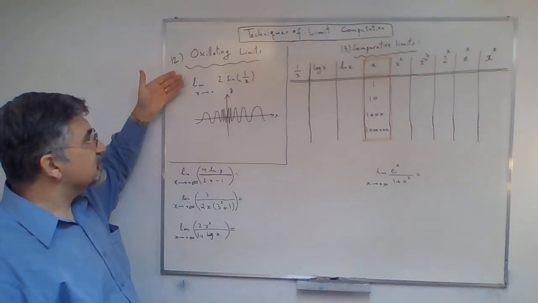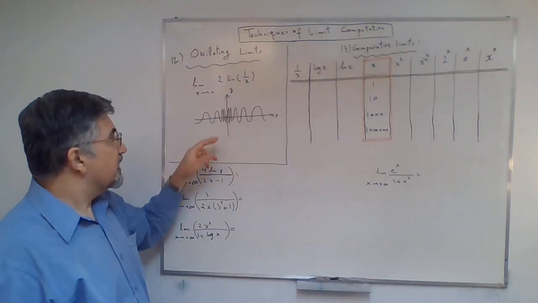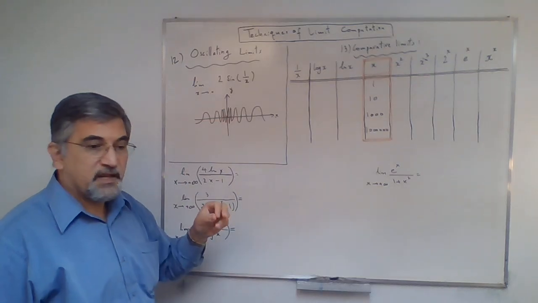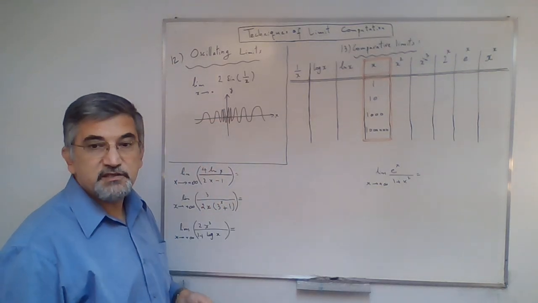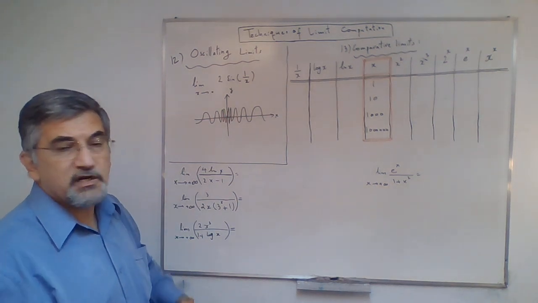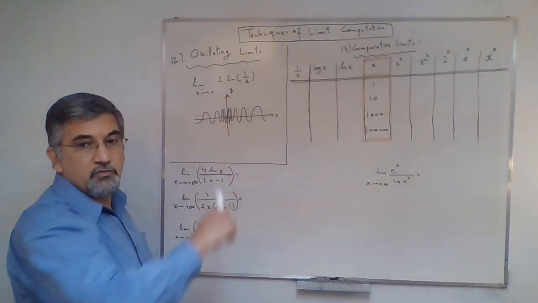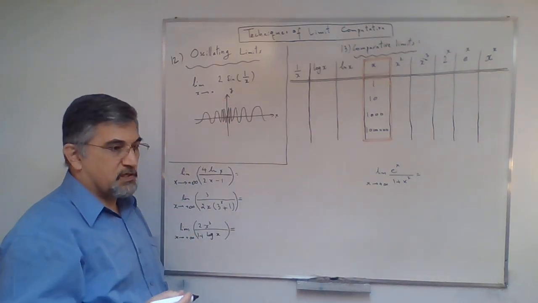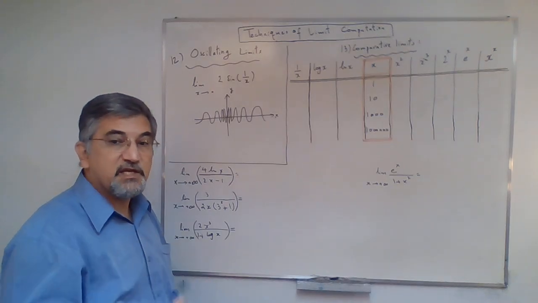We want to find the limit of 2 times sine of 1 over x when x approaches 0, and we see that we do not end up with a fixed final answer that we can say is the limit. So, making a long story short, in these oscillating situations we don't know what the answer is, but we know that it has to be between 1 and negative 1.